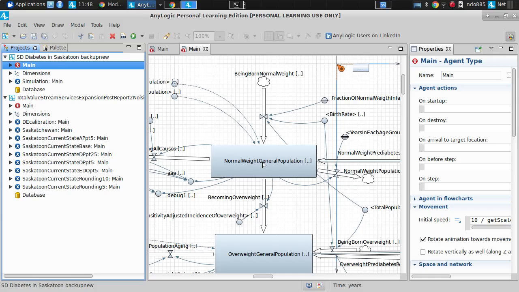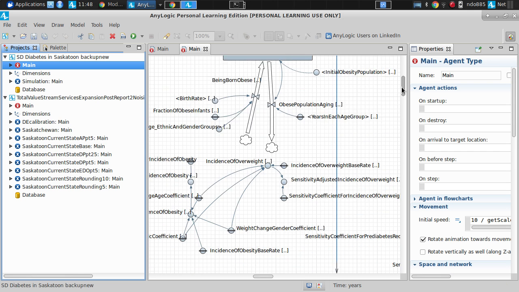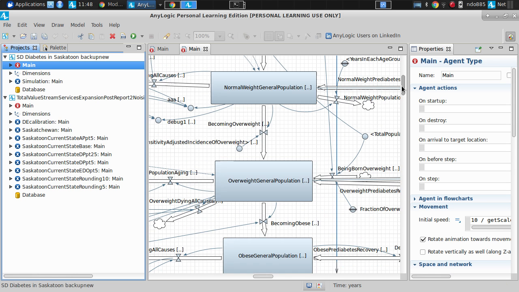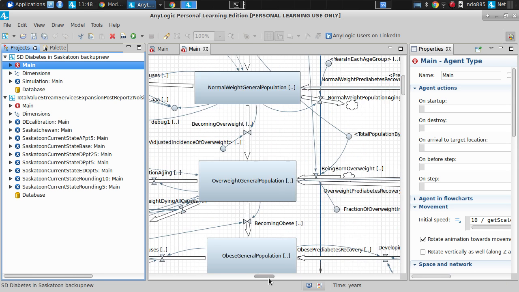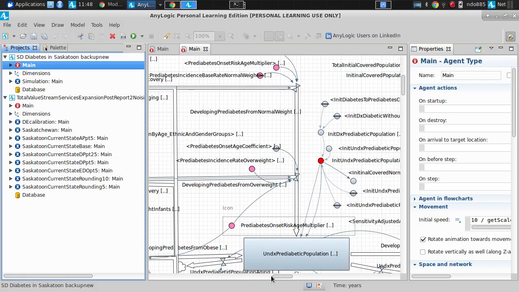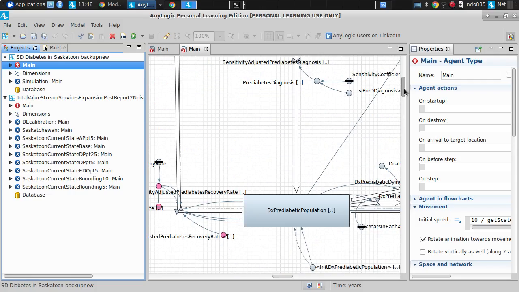Here, this is a normal weight general population. An overweight general population is below that, and an obese general population. And individuals who are obese and overweight have a particular risk, and I'm scrolling over here to the right, to develop prediabetes and full-frank type 2 diabetes.